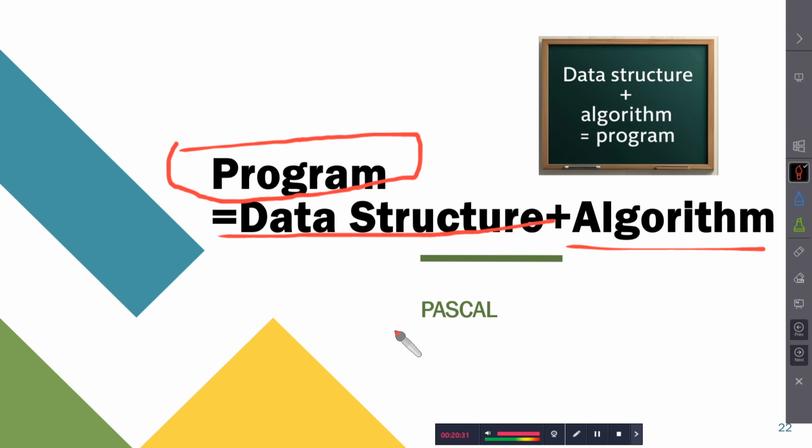But on the other side, we have the algorithm. Algorithm is how we touch data. This is a step-by-step procedure for solving a problem or performing a task. An example is a sorting algorithm, like quick sort or merge sort.